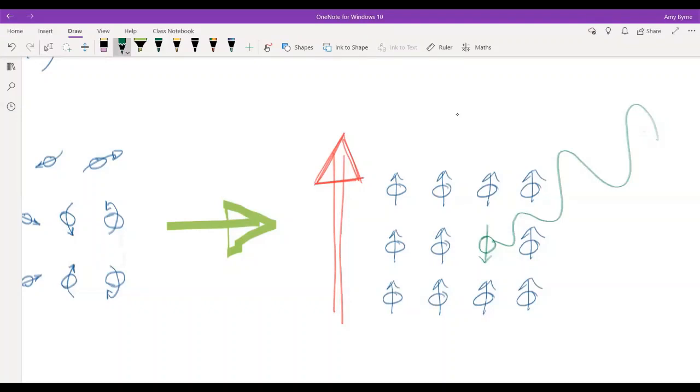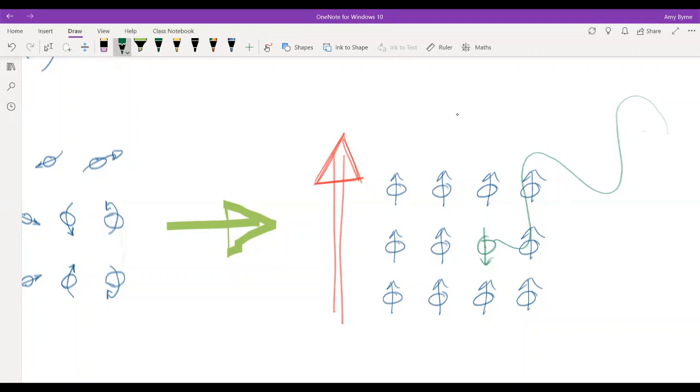Then when that proton flips back to being in stream, it releases that energy, its long wavelength, which is picked up by the detector. So I use radio waves to flip the spin of those protons, and that energy can then be recorded by a detector.